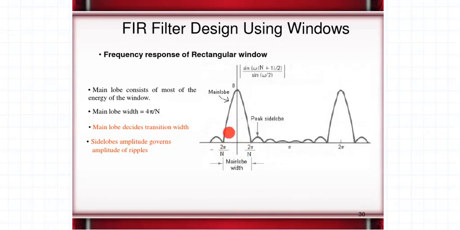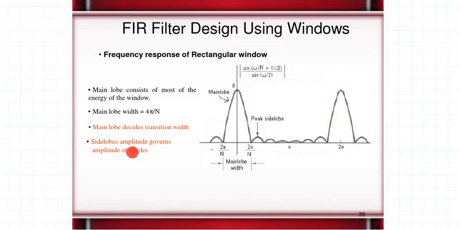Now why is it so important when we look into the frequency characteristics? Why are we focusing on the characteristics of the window? It is because the main lobe decides the transition width. The main lobe affects the transition width in the final frequency response. Whereas what is the role of the side lobes?